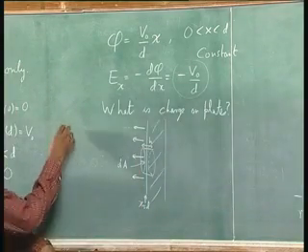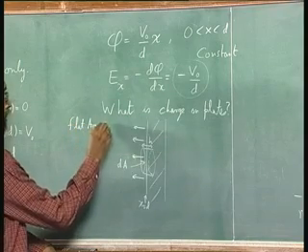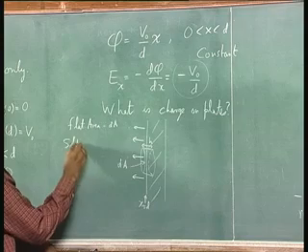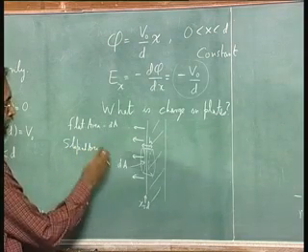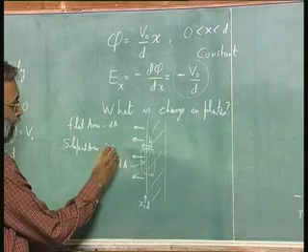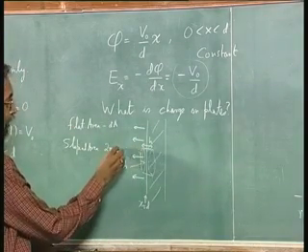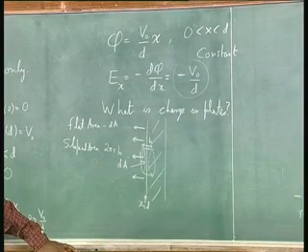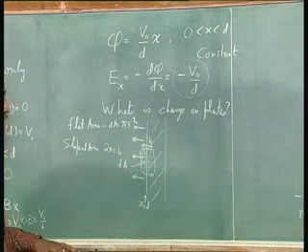So, the flat area is dA, the sloping area is 2 pi r, where this is r, times h, and dA is going to be equal to pi r squared.